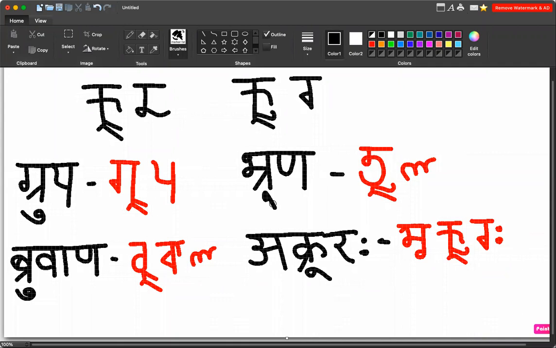So I think we should wrap up today's session. We are almost 15 minutes over. Is there any doubt about today's two rules that we have done? You can quickly say before we wrap up with the Shanti mantra.